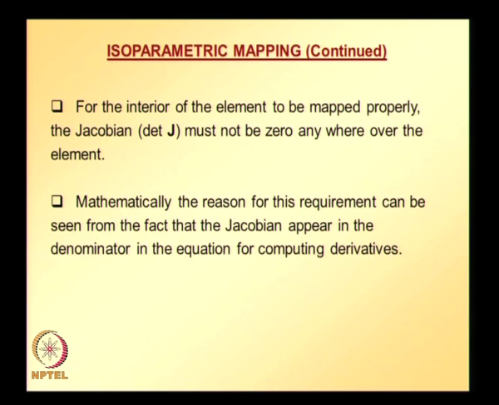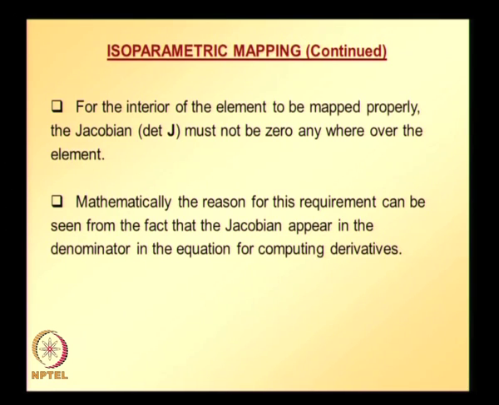If you recall the relation to get the derivatives of shape functions with respect to x, y, we are required to find 1 over determinant of J.